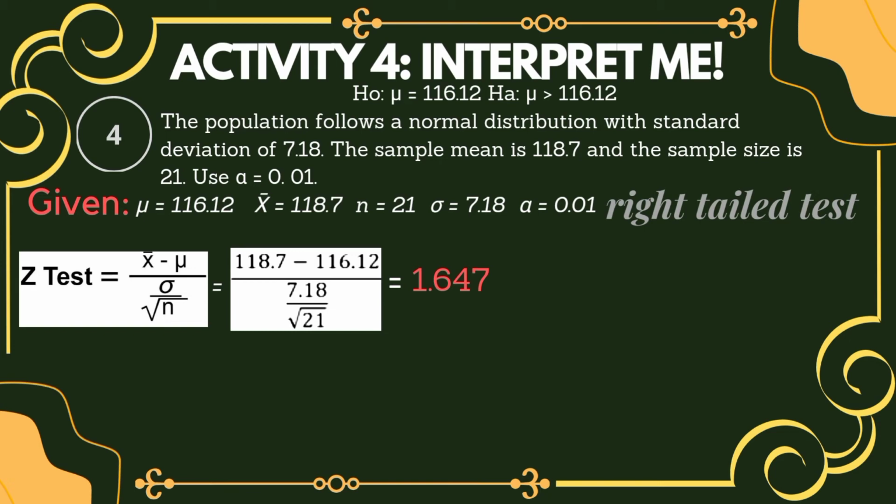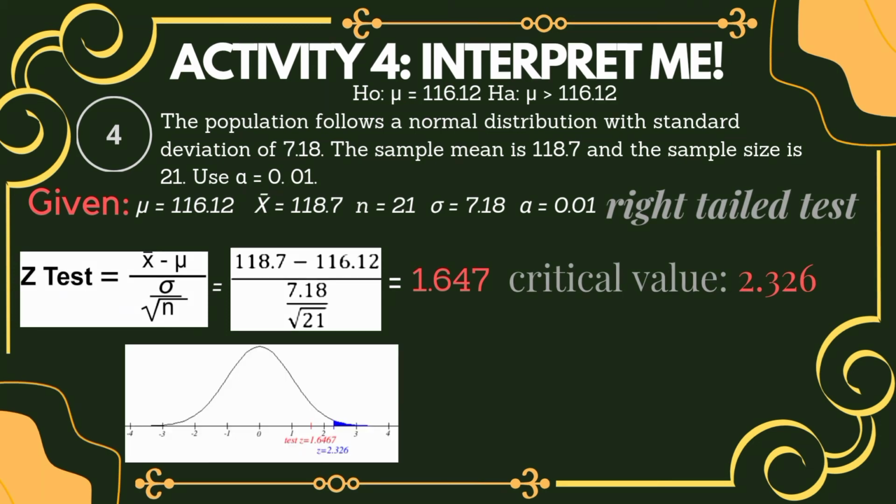In getting the critical value, look for the right-tailed test with a 0.01 level of significance in the z-table. Then we will have 2.326, so the computed value is 1.647, and then the critical value is 2.326.